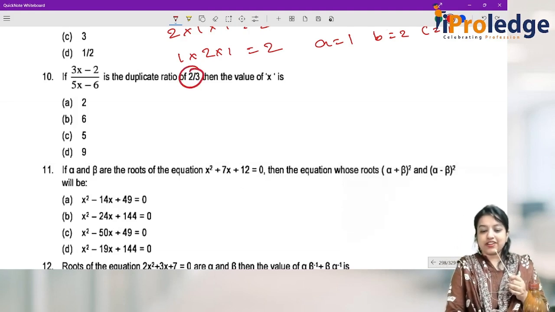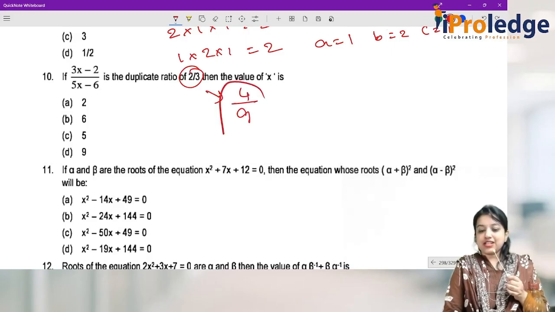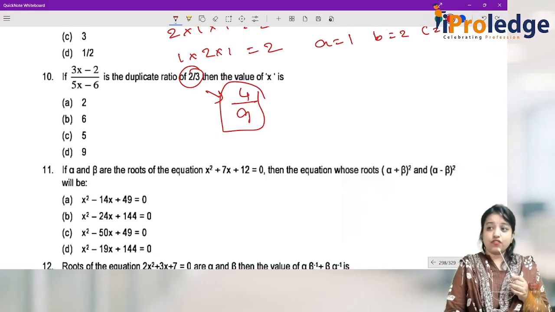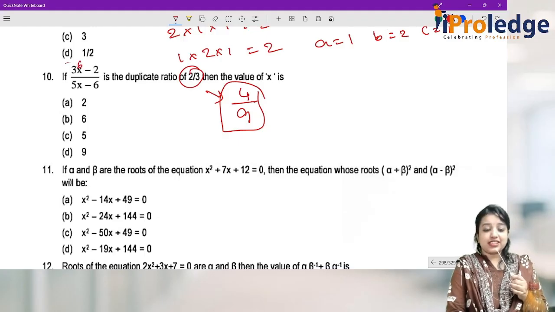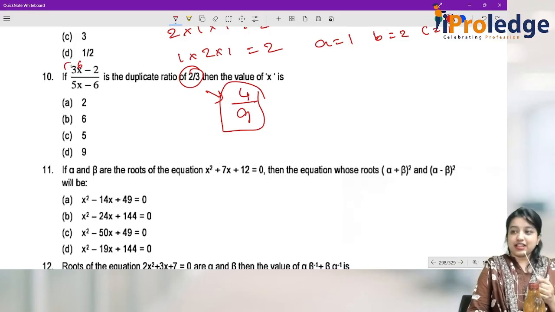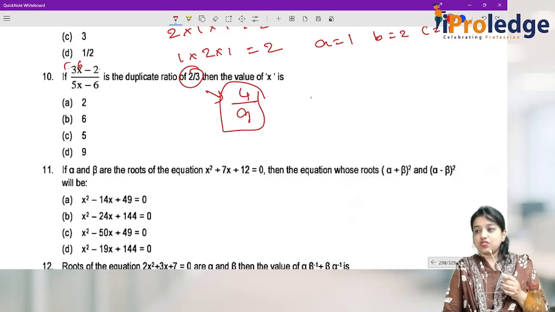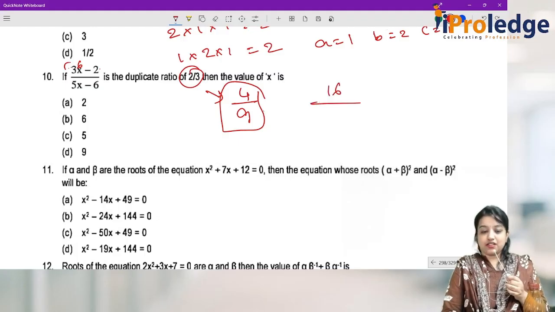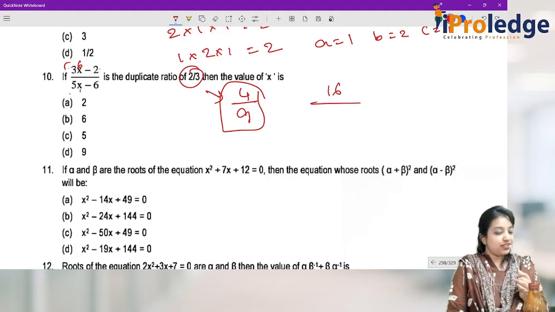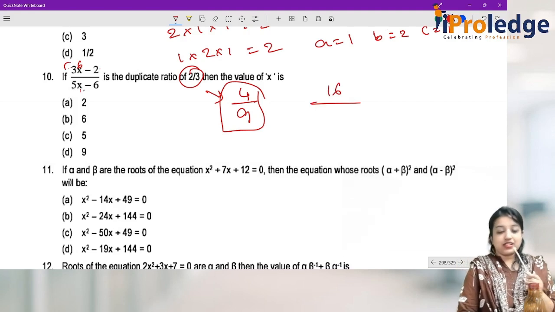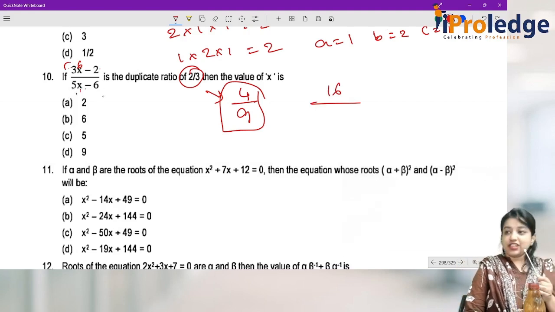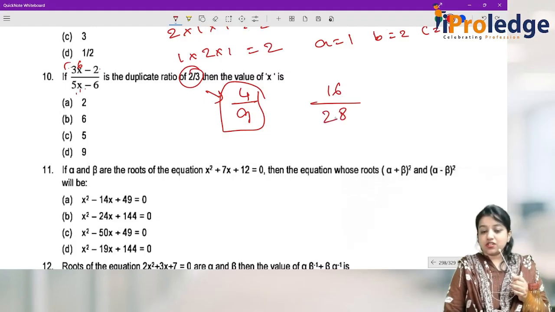What is the duplicate ratio of 2:3? The answer we need is 4 by 9. Put 6: 6 threes are 18 minus 2 is 16; 6 fives are 30, minus 6 reduce.